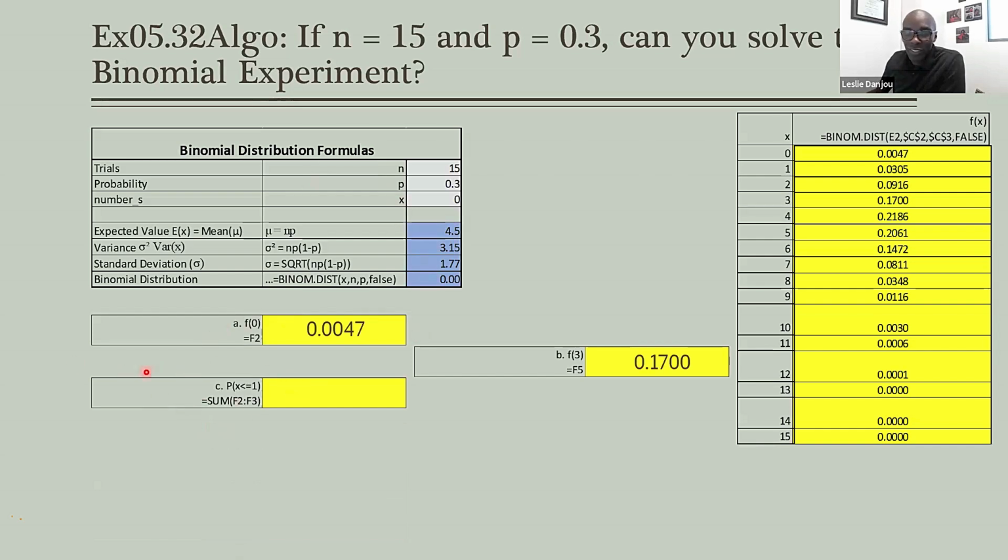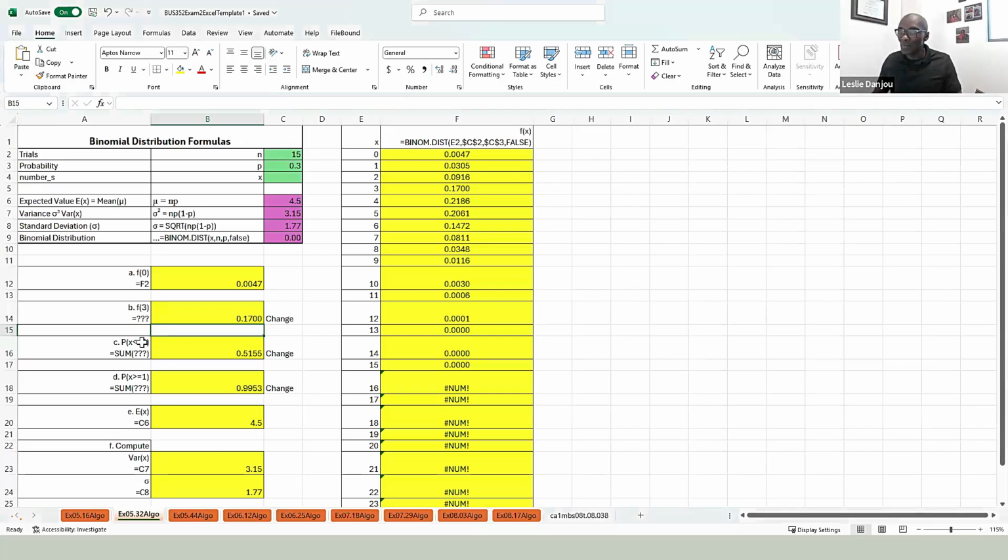What is the probability of x less than or equal to 1? In other words, at 1 or less, when you add all of those probabilities up, what do they equal? I'm going to go back to my Excel. In my case, it is less than or equal to 1.